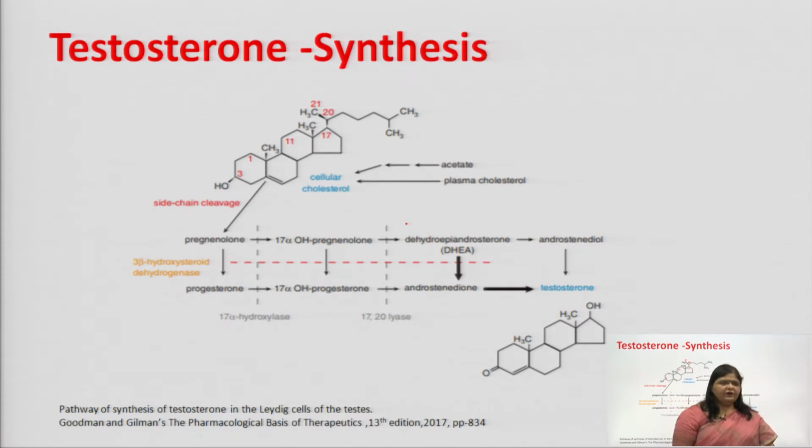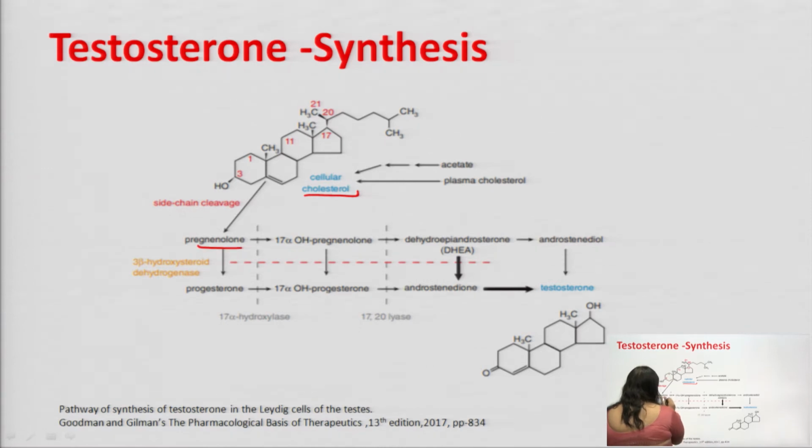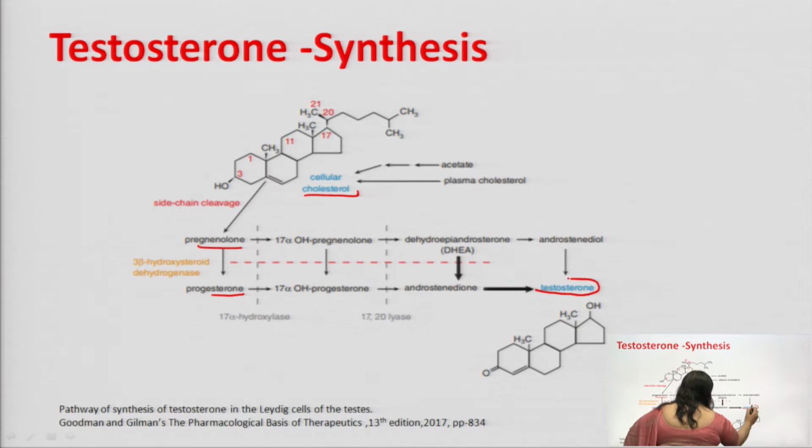We already talked about the synthesis of testosterone, where the starting material is cellular cholesterol, which, through further cleavage of the side chain, is converted into various compounds and finally produces testosterone.